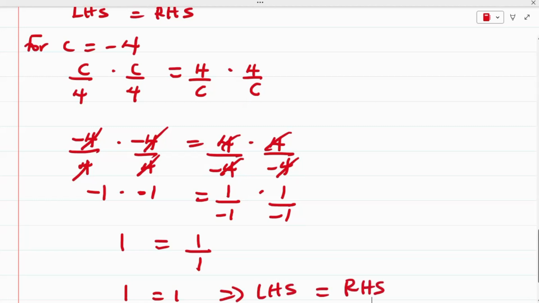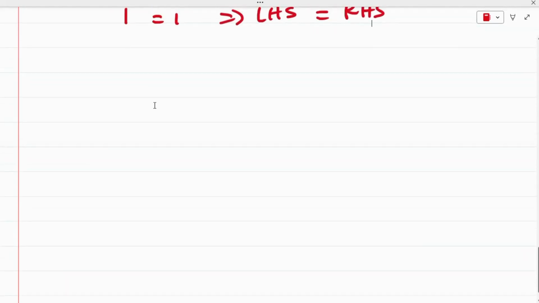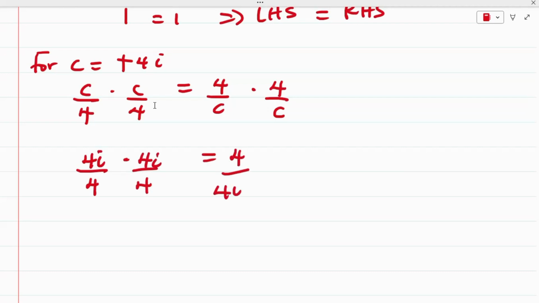So let's solve for the complex roots. For the complex root, we have that c is equal to plus minus 4i. So for c equals plus 4i, we have c over 4 multiply c over 4 is equal to 4 over c multiply 4 over c. So right here we have 4i over 4 multiply 4i over 4 is equal to 4 over 4i multiply 4 over 4i.